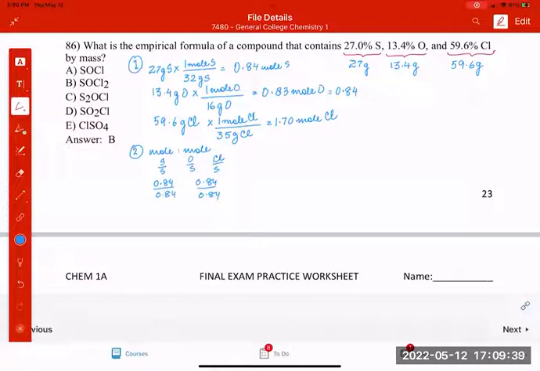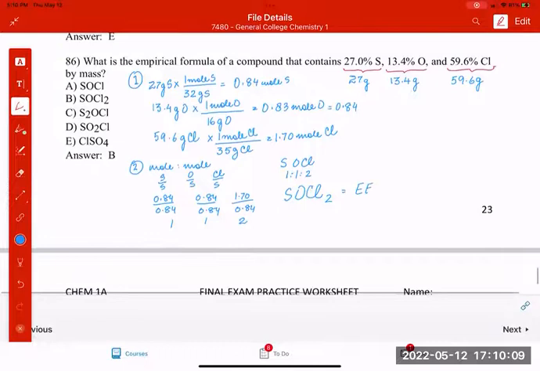Divide by 0.84, this one is 2. This is 1, this is 1. So that means sulfur, oxygen, and chlorine are in a 1:1:2 ratio. That means SOCl2. This is the empirical formula. Okay, got it?